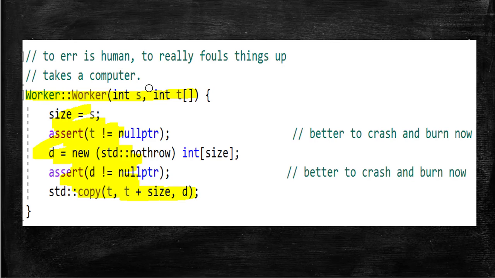So here's the idea: to err is human, really fouls things up, takes a computer. I remember this was on many offices when I was growing up. A joke, but true. So you give this thing an array, tell it how big the array is. First thing it'll do is say, okay, I want to be the same size as that array. Then it'll ask a question.